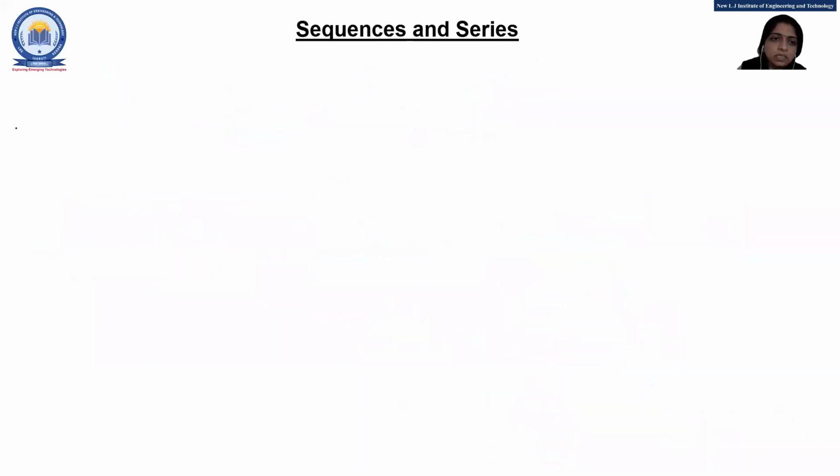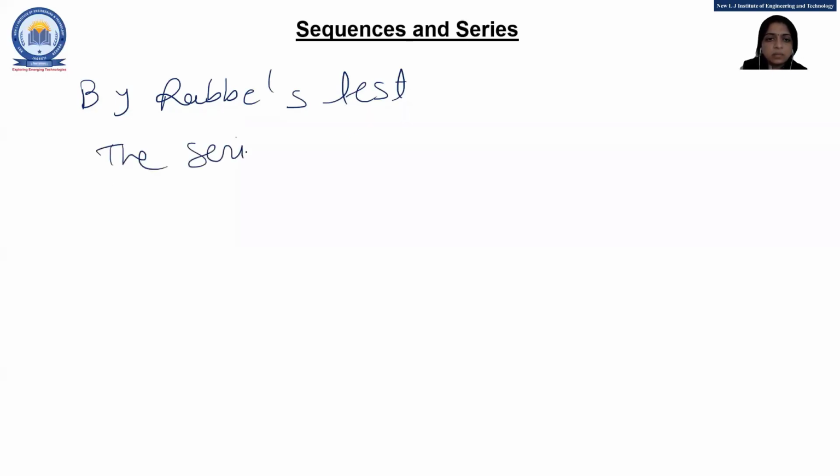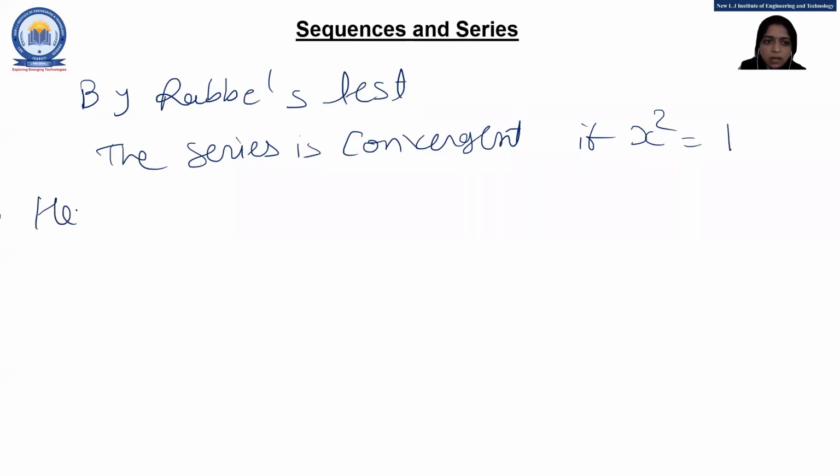So by Raabe's test, as my limit L is greater than 1, the series is convergent if x square equal to 1. Hence, the series is convergent.